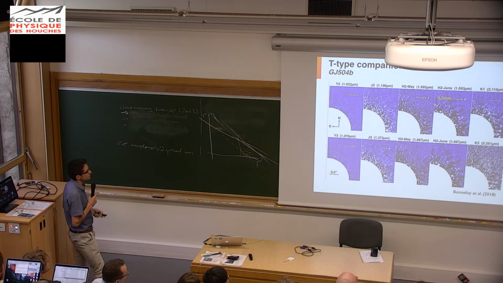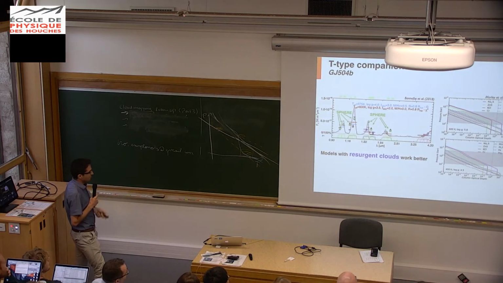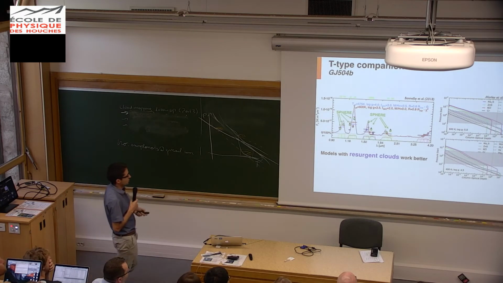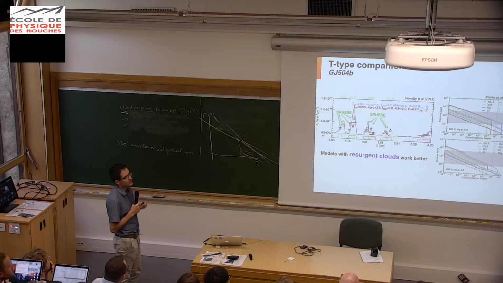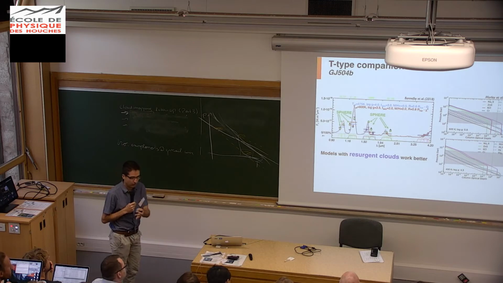which are cold. Okay, so we have extracted the photometry of the companion from our images, and these are the green points in this figure. And what's nice is that now we have many more points on the spectral energy distribution of this object at near-infrared wavelength, where we obviously have a lot of spectra of brown dwarfs.